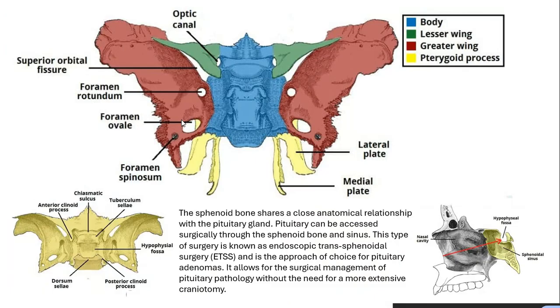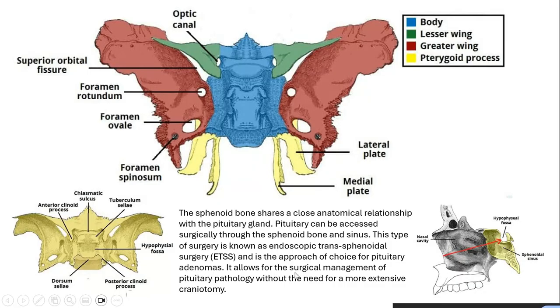All right, let's go in detail. Optic canal, we just read all that. The sphenoid bone shares a close anatomical relationship with the pituitary gland. The pituitary can be accessed surgically through the sphenoid bone and the sinus. This type of surgery is known as endoscopic transsphenoidal surgery, ETSS, and is the approach of choice for pituitary adenomas.